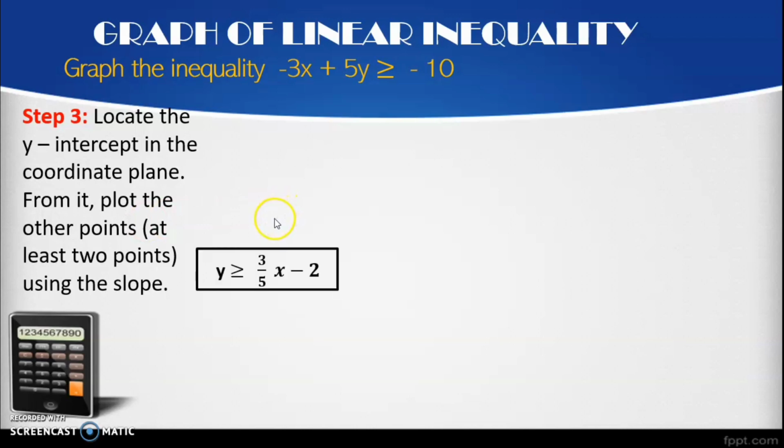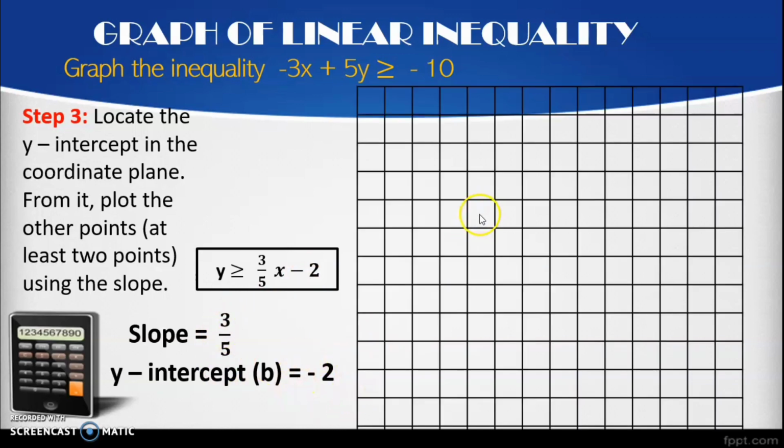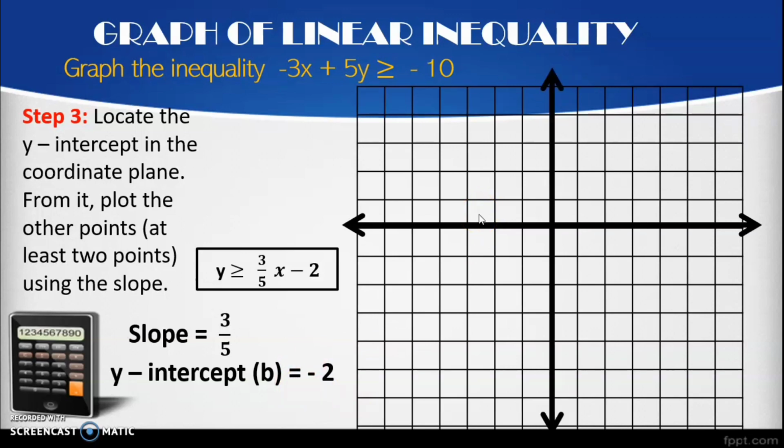Okay. So, we have our inequality. Y is greater than or equal to 3/5 x minus 2. Slope is 3/5 and y-intercept is negative 2. In our coordinate plane, we will locate first our y-intercept, which is negative 2.